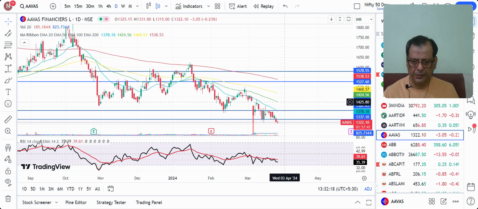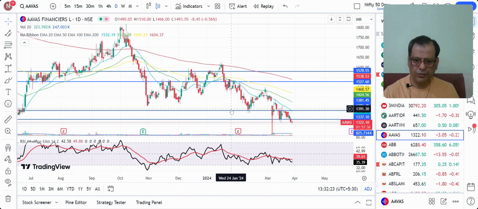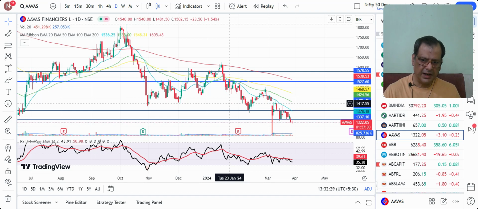So in this sort of scenario, with the price below the various moving averages, it's better to do intraday here on this chart, or if you are into futures, you would sell below this candle here.